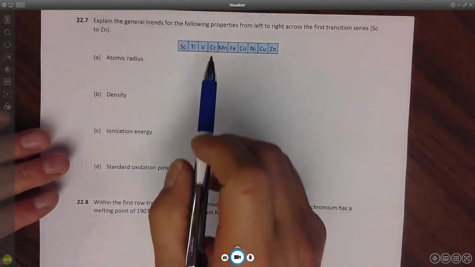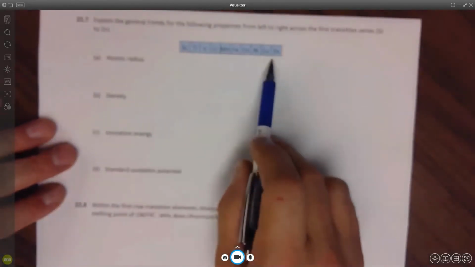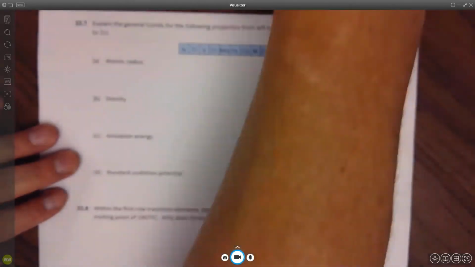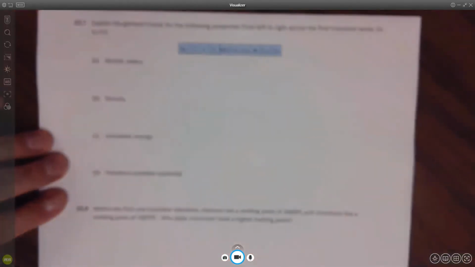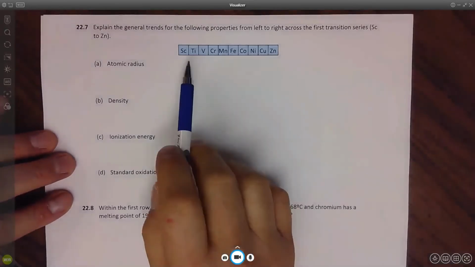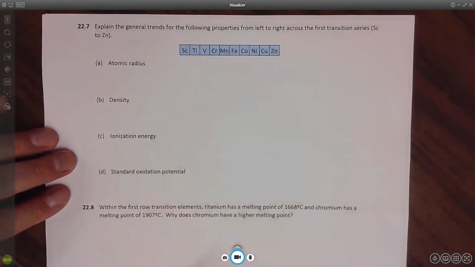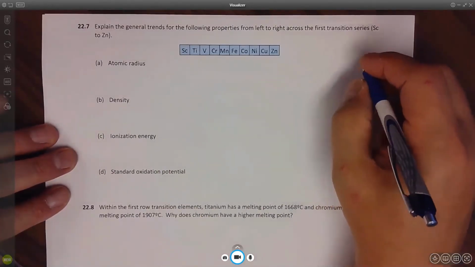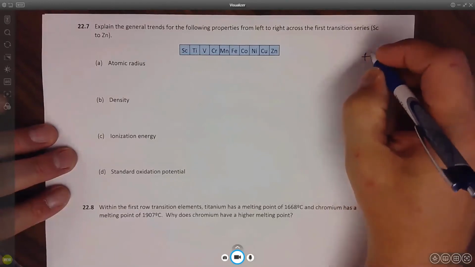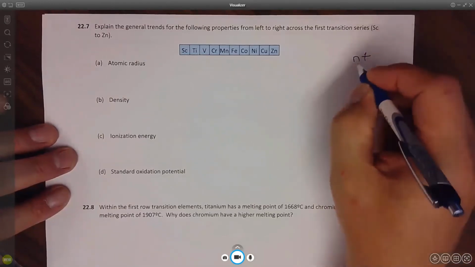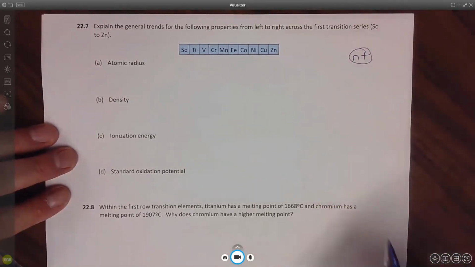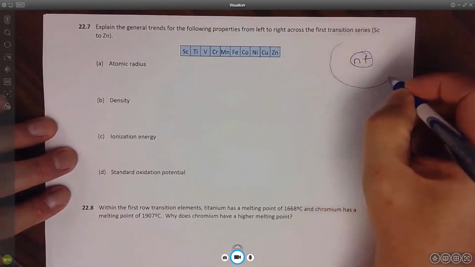So remember what's happening here. Yeah, we're adding electrons as we go across. So you would assume that they are getting bigger since we're simply adding electrons as we go across. But we have the nucleus, and it has some charge. Then we have the core electrons.